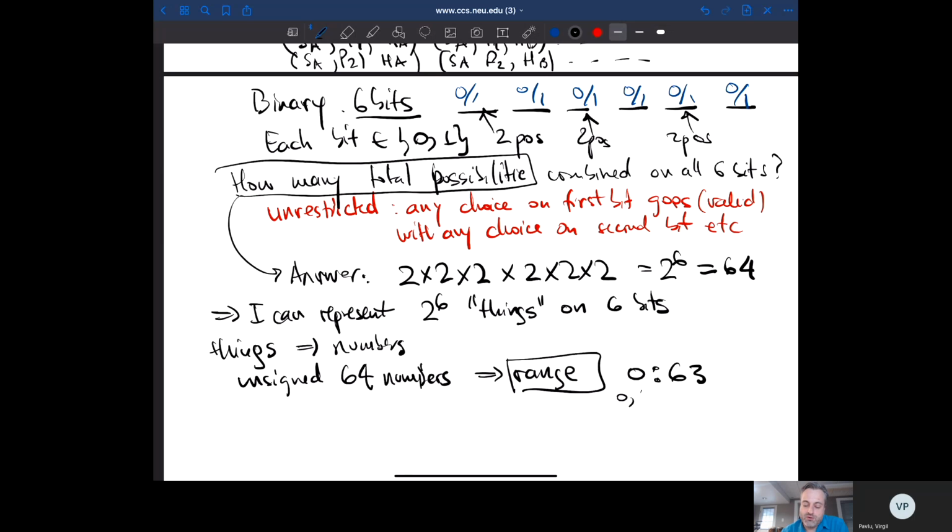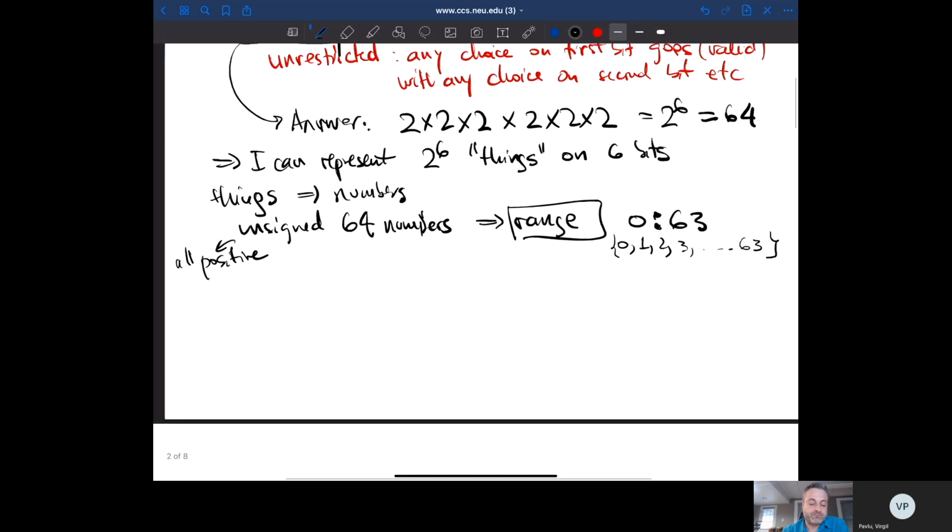That, of course, is 0, 1, 2, 3, all the way to 63, right? This set, I put this colon here like in MATLAB, that's the range 0 to 63. All the integers, including 0, including 63. So unsigned means all positive. That's unsigned, so I'm not worried about the sign. It starts with 0, goes up to 63. I can represent those, and that's the typical binary representation.